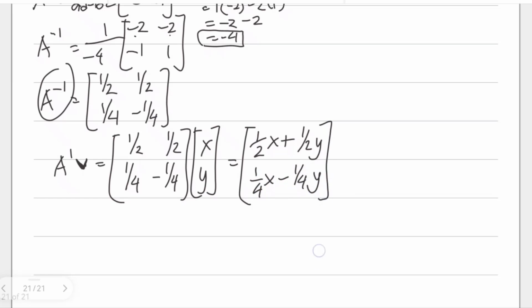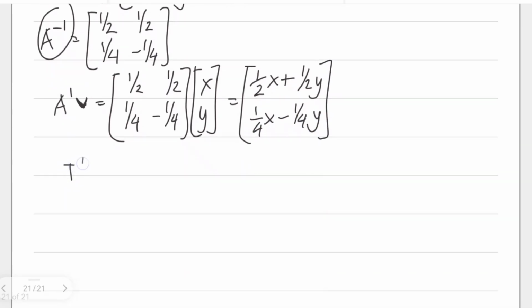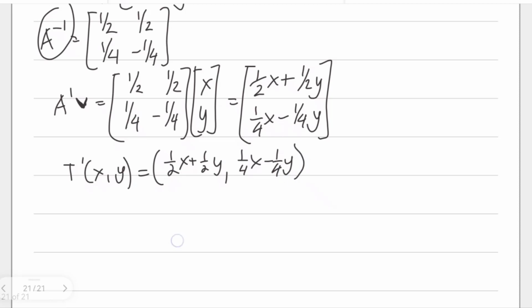So our inverse of the linear transformation T is now the entries here: 1/2 x plus 1/2 of y, and 1/4 x minus 1/4 of y.